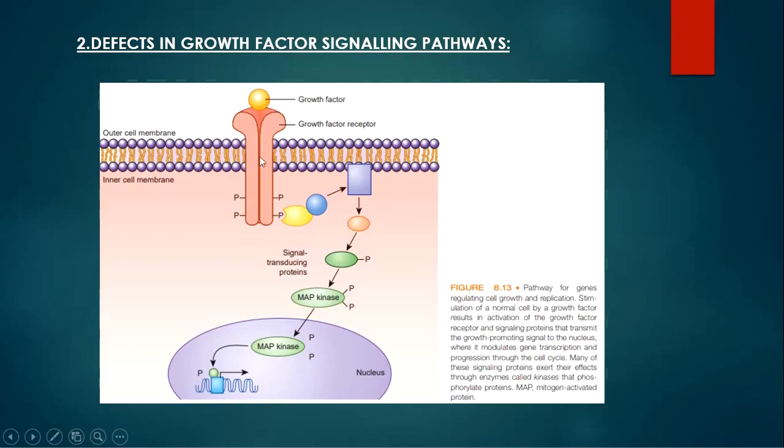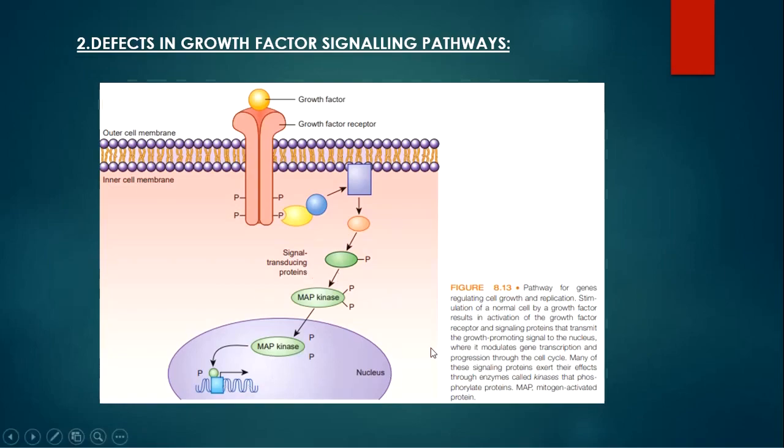This activation of the growth factor receptor then sends signals across the cell membrane into the cytosol, and these signals are sent via signal transducing proteins, and when they reach the nucleus, they lead to transcription and also help in the progression through the cell cycle.